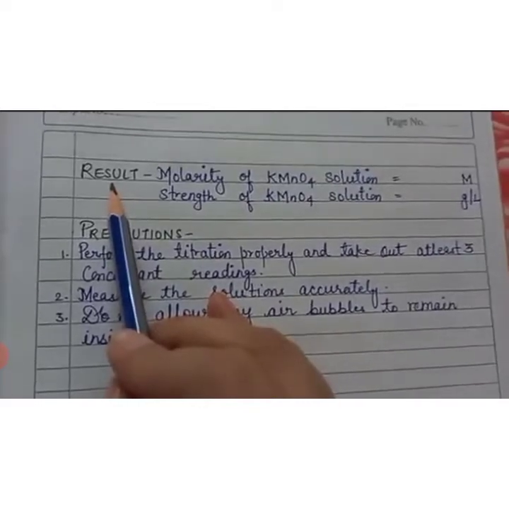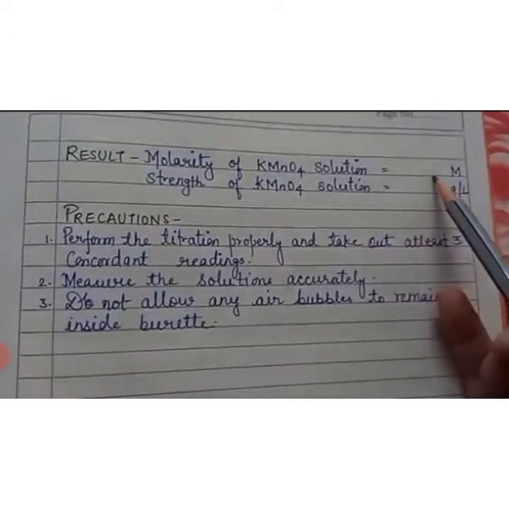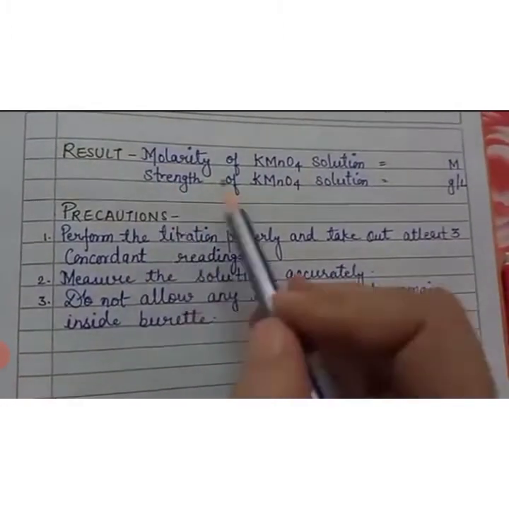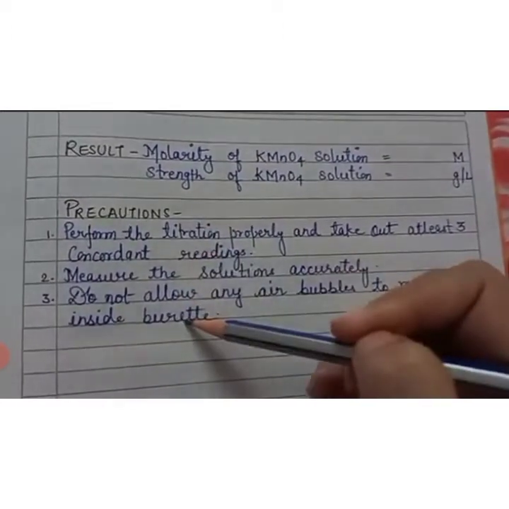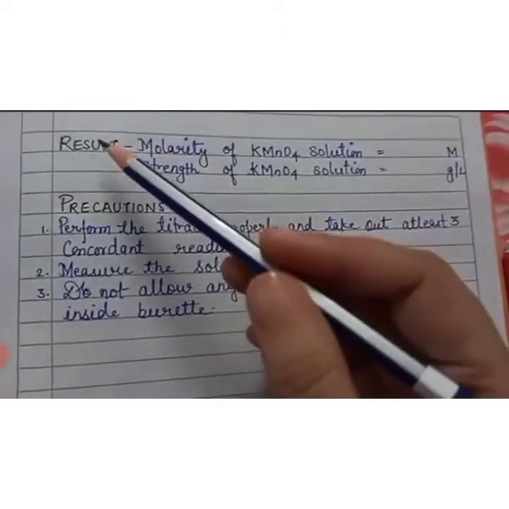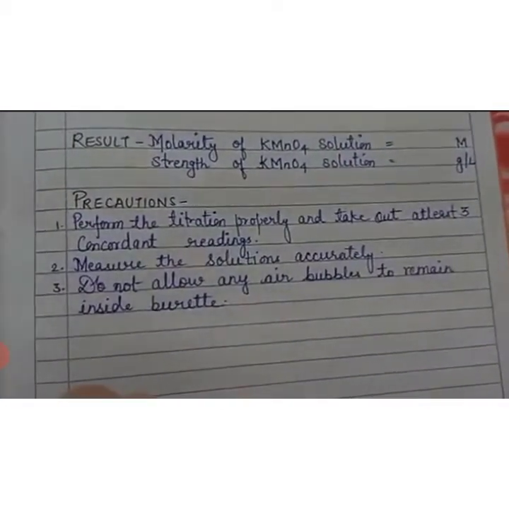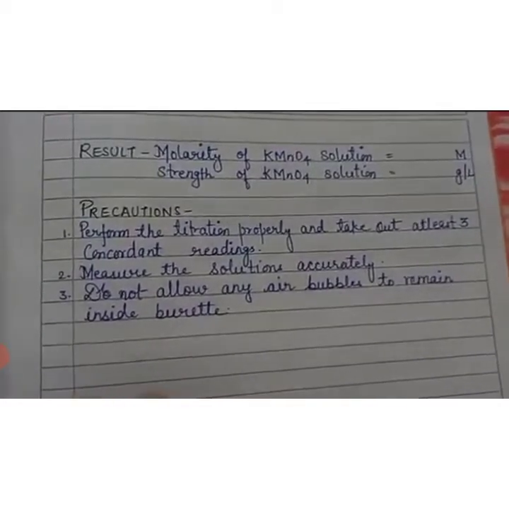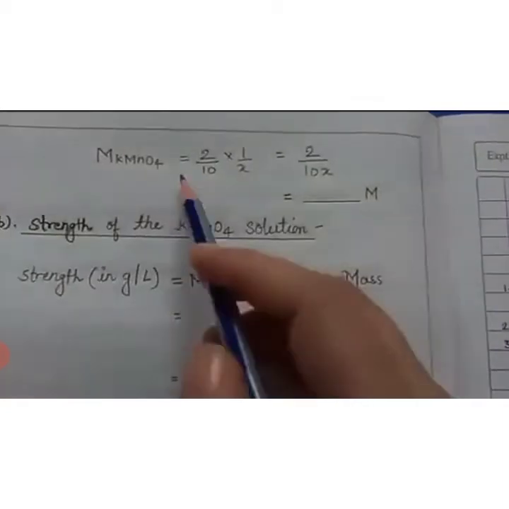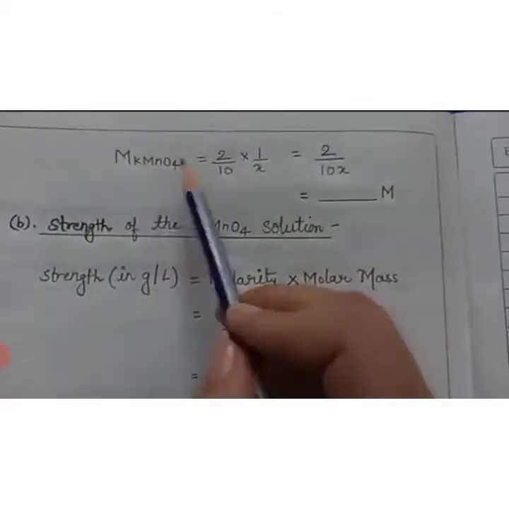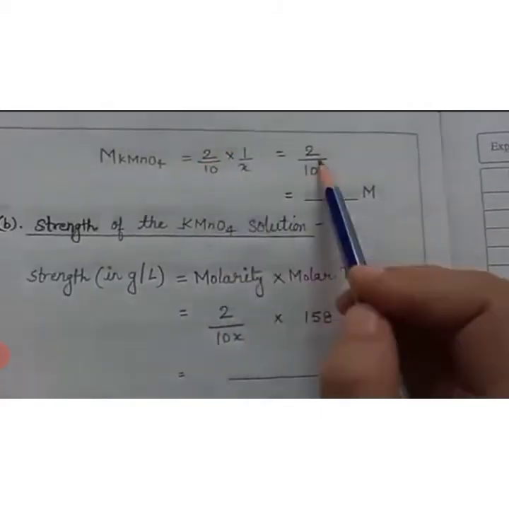After calculation, whatever answer we are going to get, molarity of KMnO4 solution is equal to dash molar. So that will be your answer. Similarly, calculate the strength of KMnO4, that is molarity into molar mass of KMnO4, gives you answer in grams per liter. Put down all the necessary precautions and put down result on the ruling side of your lab manual.